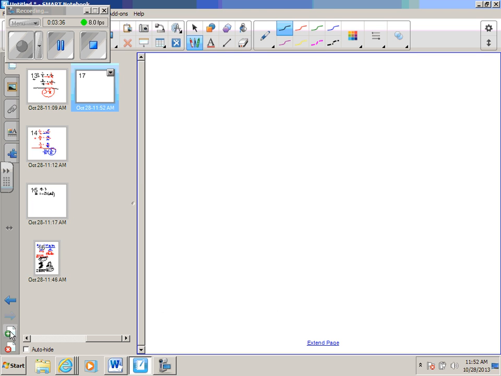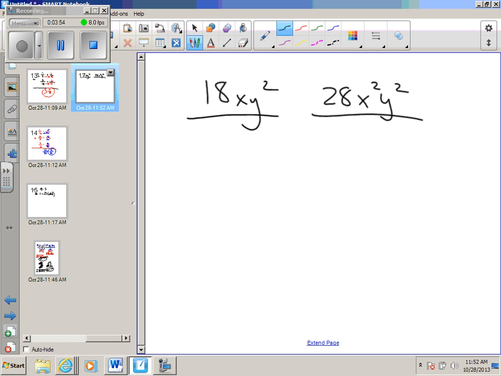Sometimes they'll throw variables in there, and this is something that'll be a little bit new. Let's take 18xy squared and 28x squared y squared. So let's focus first on the numbers themselves and save the variables for last. 18, let's go 3 and 6, 2 and 3.